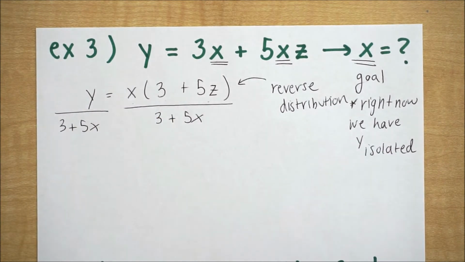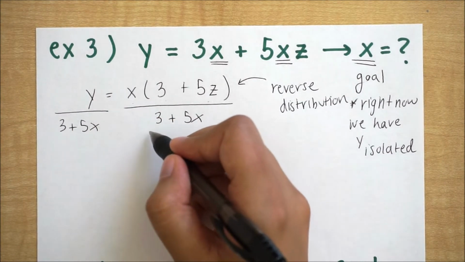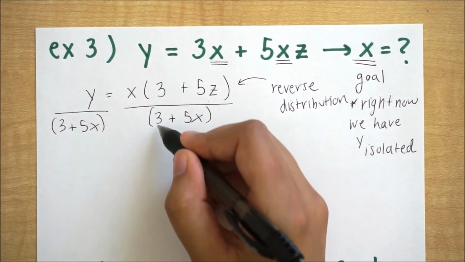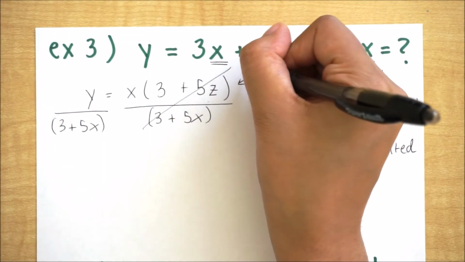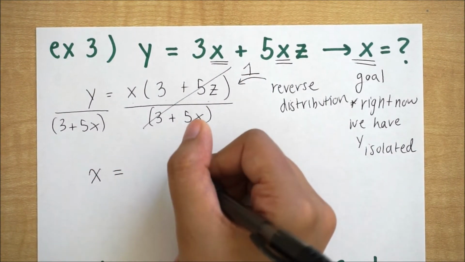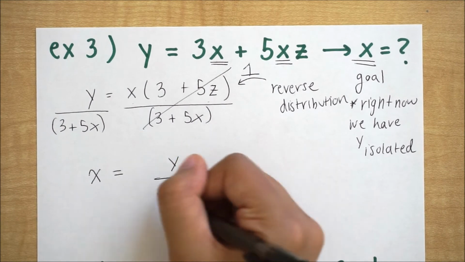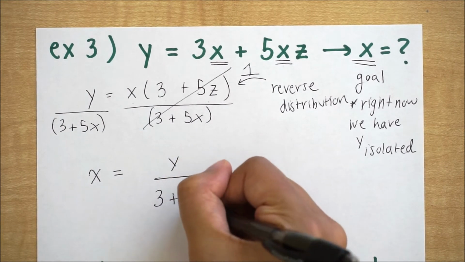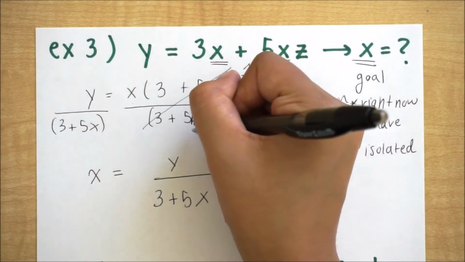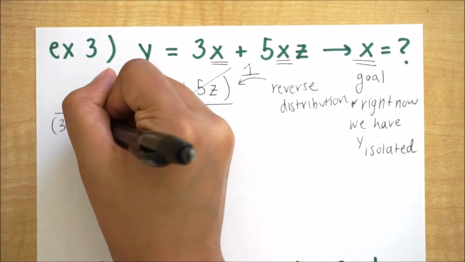All right, so now I'm trying to make x independent, so I can divide both sides of the equal sign by the expression 3 plus 5z. By doing that, I have x independent, and on my right side, I have y divided by 3 plus 5z. Actually, that was supposed to be a z, so my bad on that.